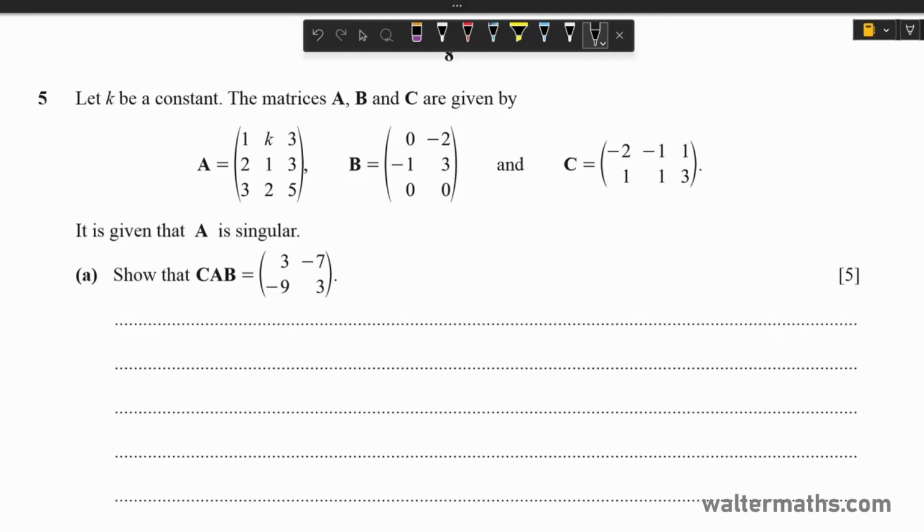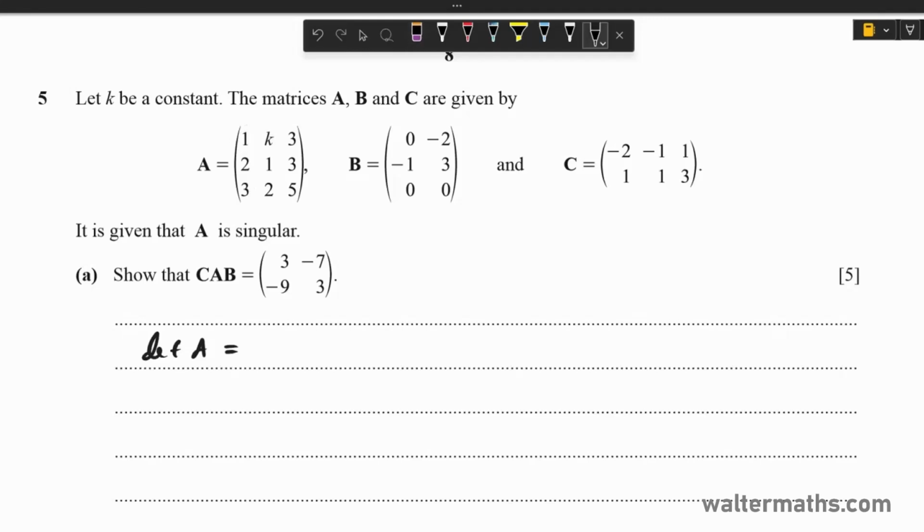So we are talking about CAB, but before we get CAB, we have to make use of the fact that A is singular. If A is singular, we can find the determinant of A, and we know that singular matrices have a determinant equal to 0. So for the determinant, I will take 1 and close out, and we get 1, 3, 2, 5.